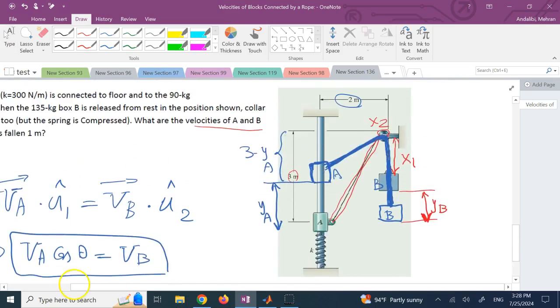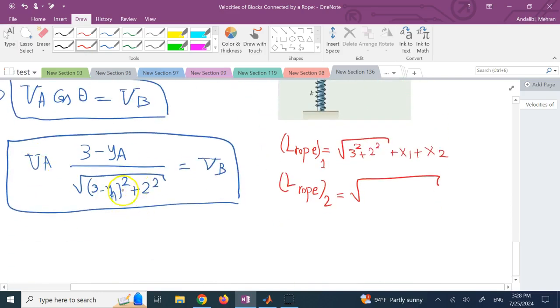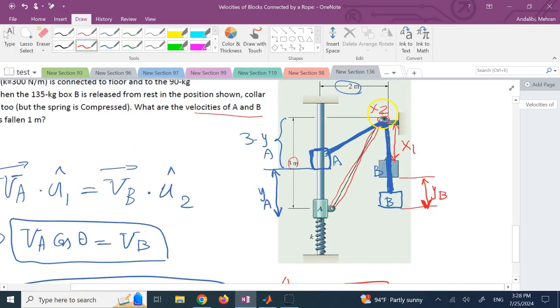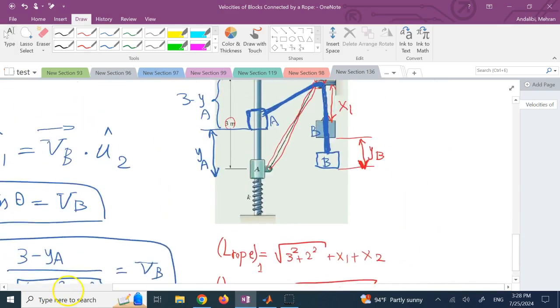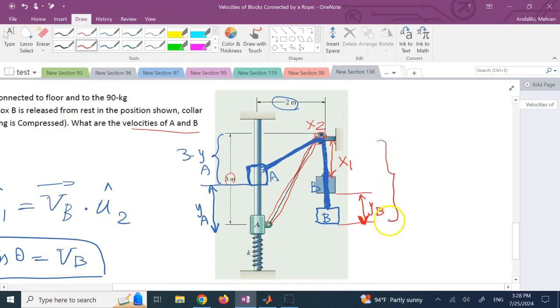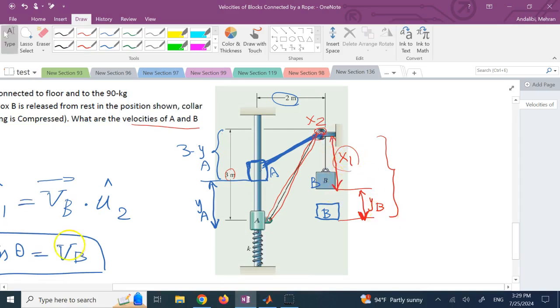So it is, again, that hypotenuse, which we just calculated, plus something, again, around the pulley, which you can approximately say that's the same as X2. It's not perfectly X2, but very close to X2. And then this distance from here to here, which is clearly X1 plus YB. By the way, this X1 should really be measured from here to the bottom of B. That is X1. So X1 plus YB.